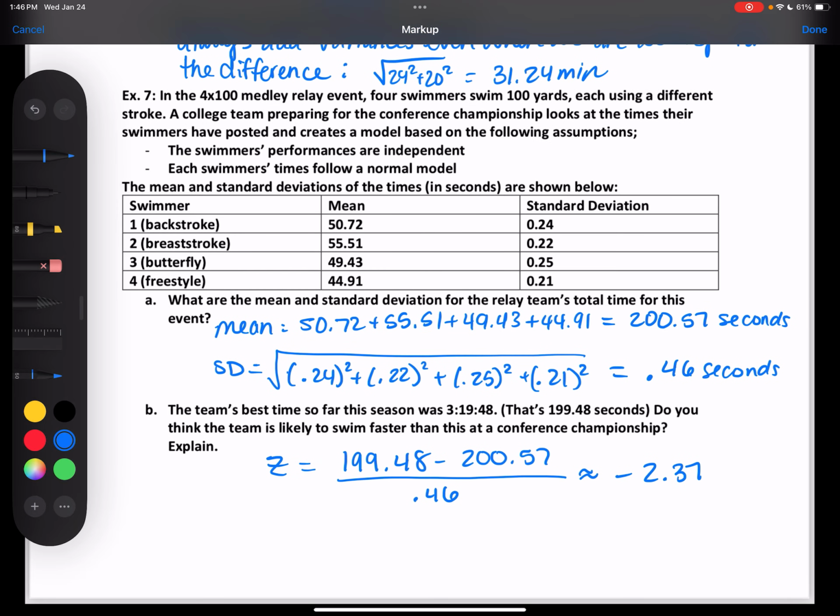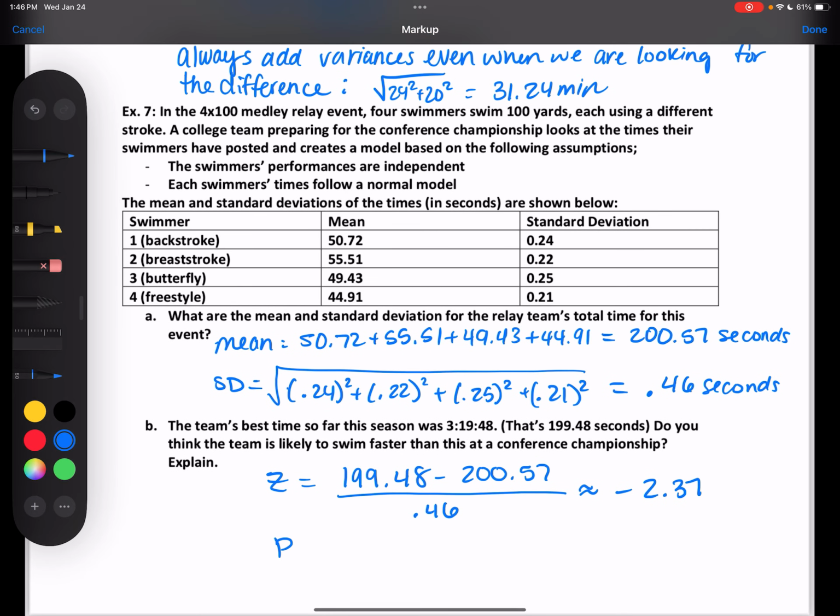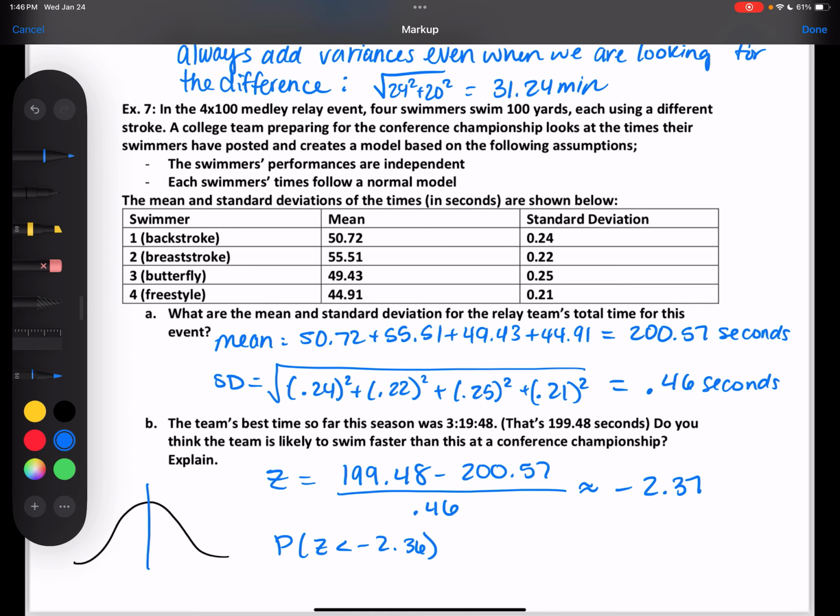Precisely. Okay, so now I'm looking for the probability for Z being less than that value, because it's not a good normal model. Our mean is here, the value we're trying to find is here, and we're looking for this value over here.